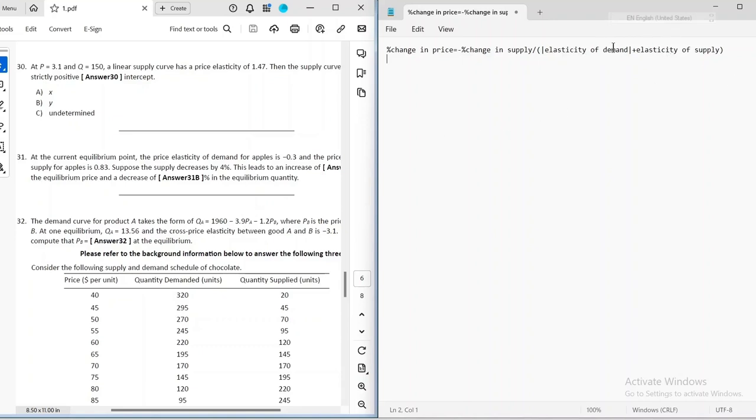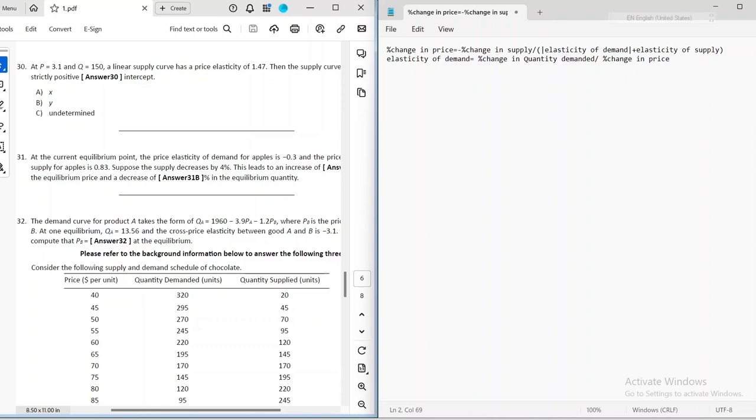Please remember, you should take the positive value of elasticity of demand. All right, and then you find out the percentage change in price, and after that use the simple definition formula of elasticity. Okay, elasticity of demand is equal to percentage change in quantity demanded divided by percentage change in price.